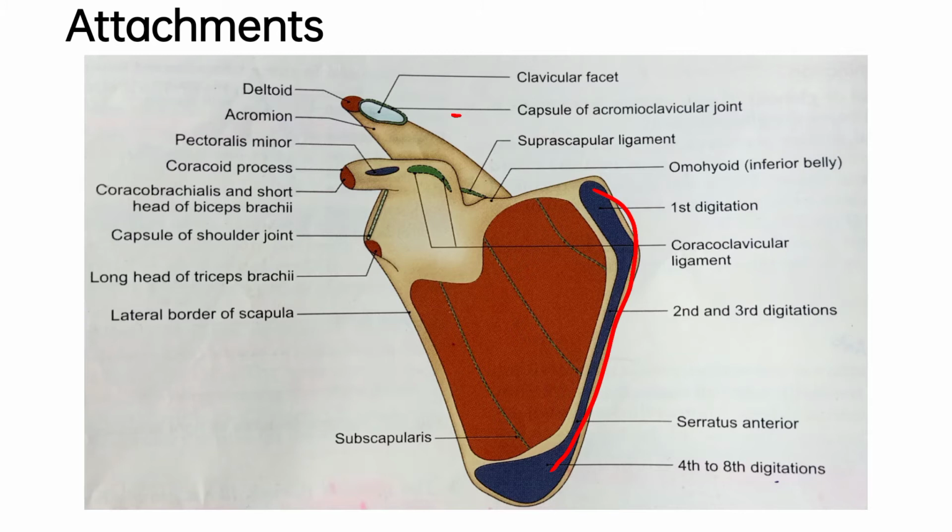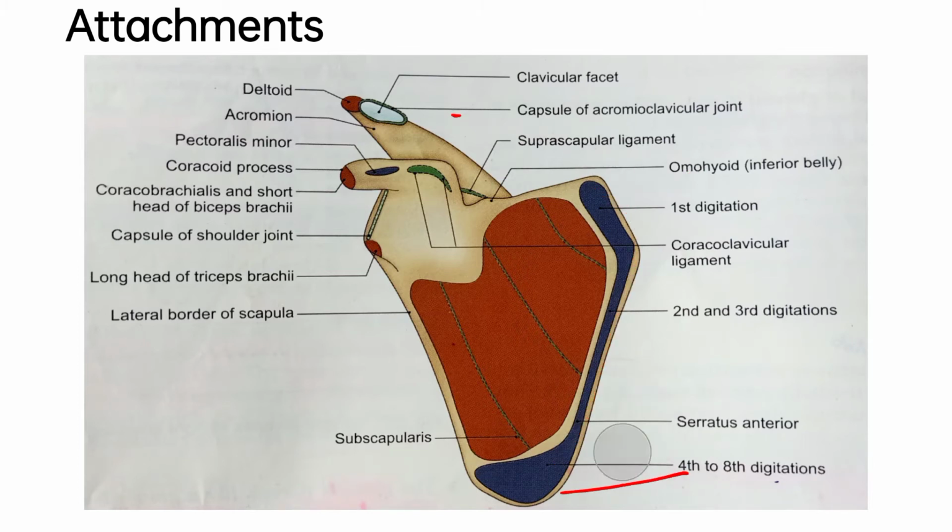This is serratus anterior. It is inserted along the medial border of the costal surface. One digitation from the superior angle to the root of spine, 2 digitations to the medial border and 5 digitations to the inferior angle.